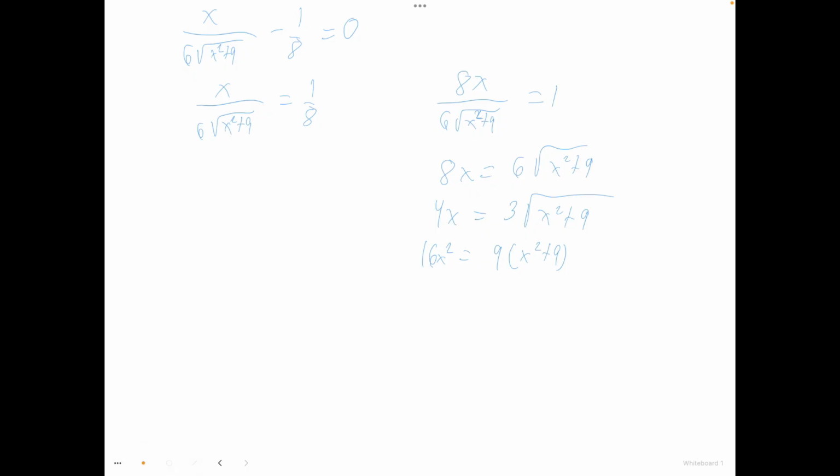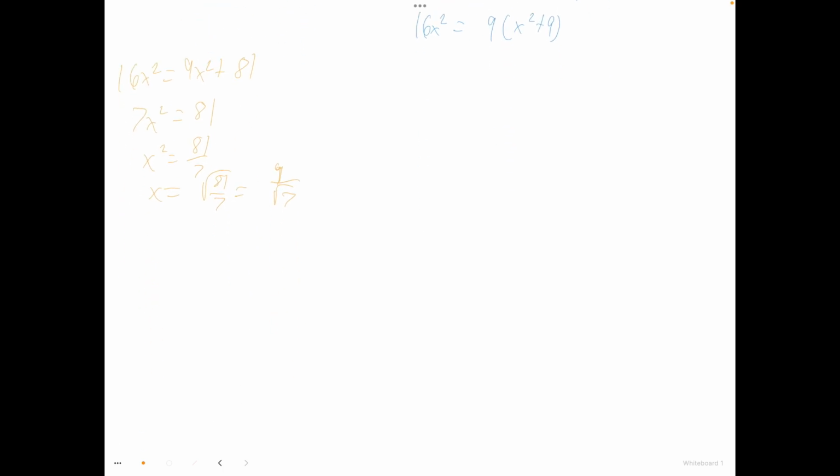And so multiplying this out, you get 16x squared equals 9x squared plus 81. So 7x squared is equal to 81. x squared equals 81 over 7. And so x is then going to be equal to the square root of 81 over 7, which is 9 over the square root of 7. Okay, so we got 9 over the square root of 7. So this is our critical point.